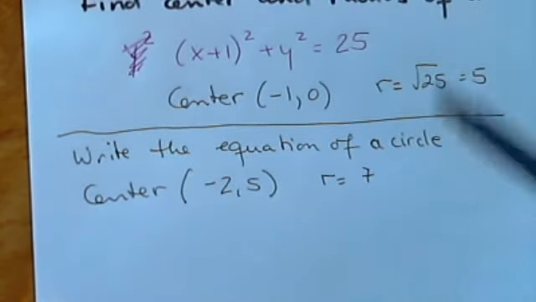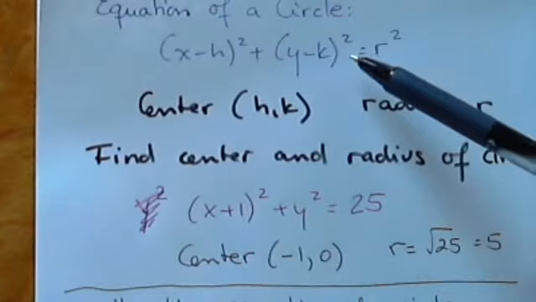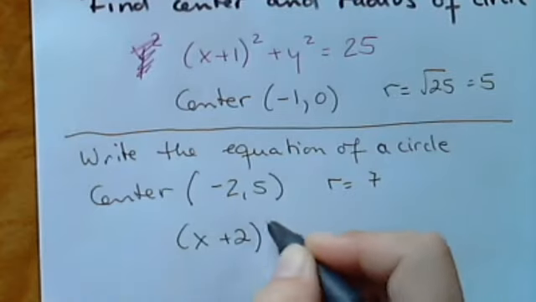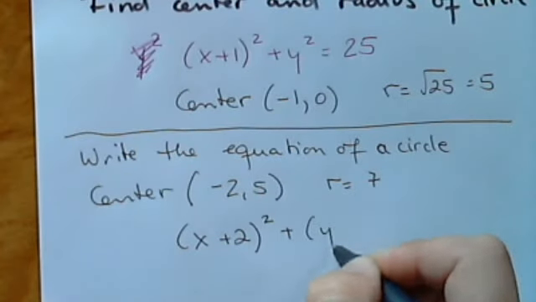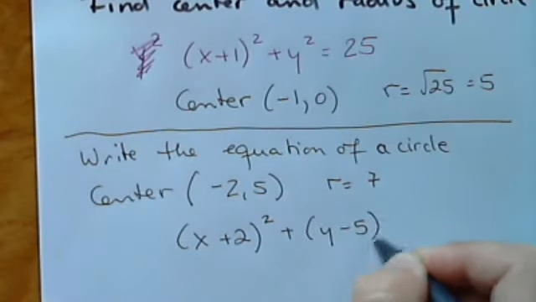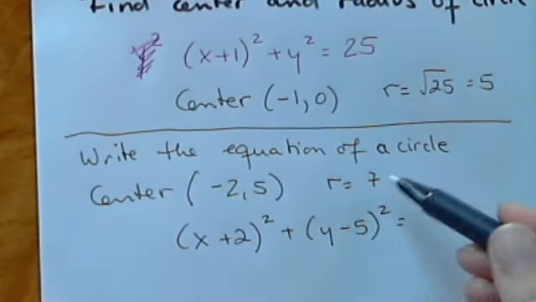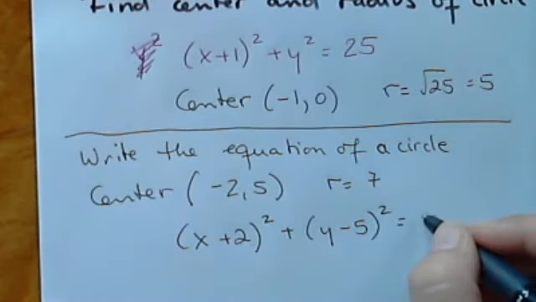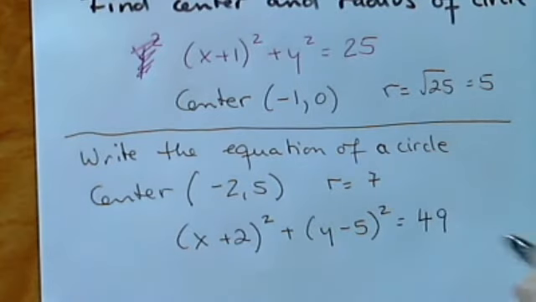So the general equation, (x - h)... we're going to write (x + 2)^2 + (y - 5)^2 = r^2. Since r is 7, r squared would be 49.